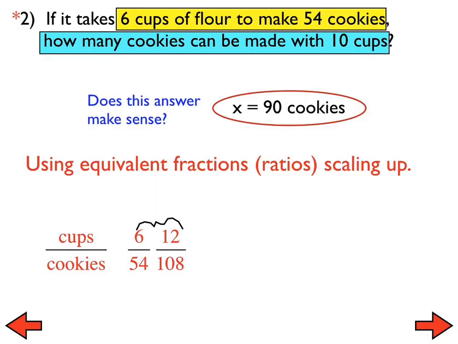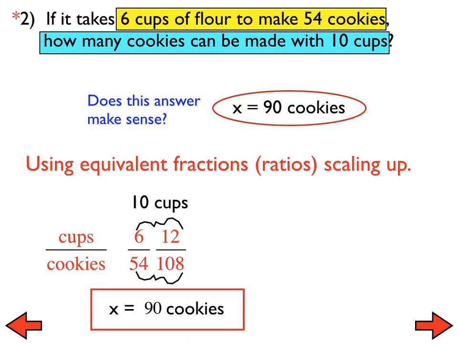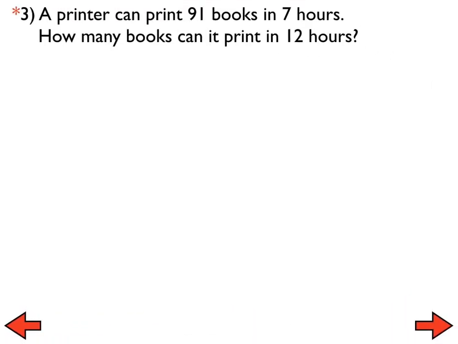Is it in between? So my answer makes sense. Okay? If you got, let's say, 30 cookies, you'll see that you either did your math wrong or your proportion was set up incorrectly. Something went wrong. Okay? Make sure your answer makes sense.